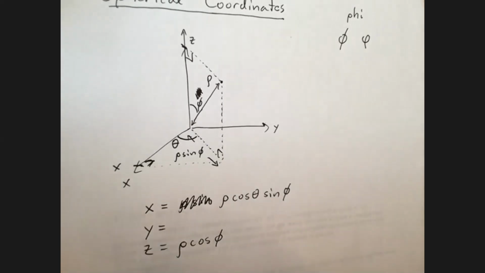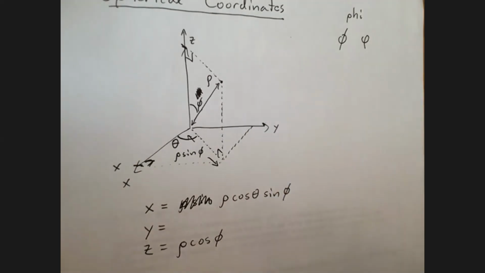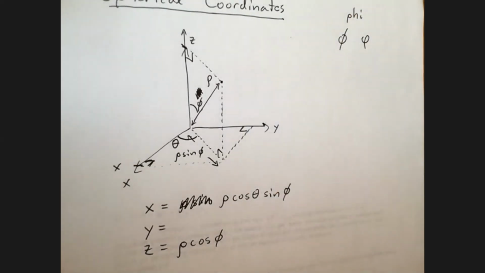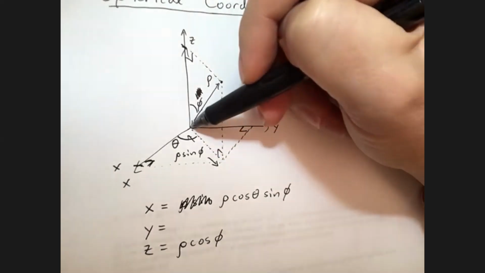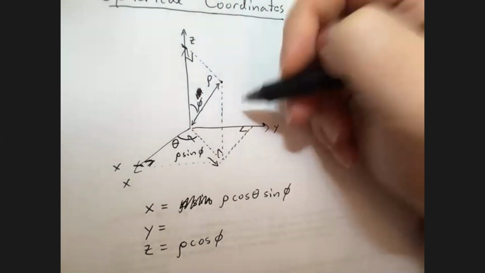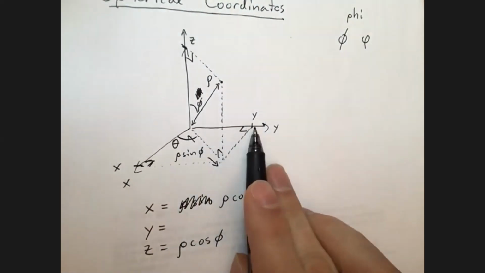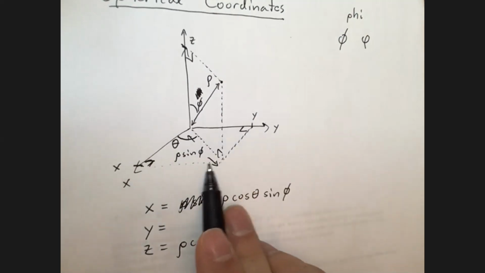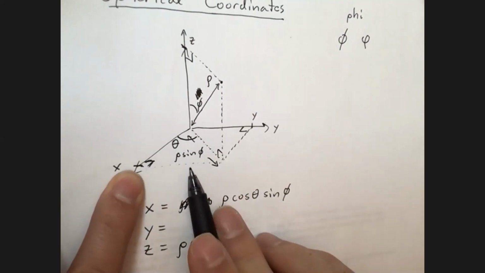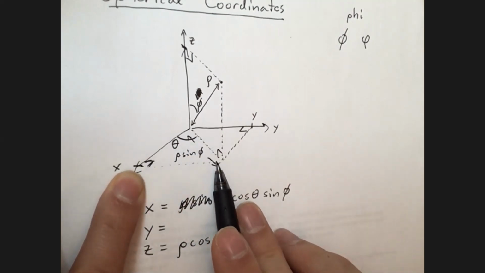What about y? Well, we just do the same thing. To get the y, I project onto the y-axis. Because I'm projecting directly onto it, I get a 90-degree angle here. This is my hypotenuse, right? And I'm trying to find the length of this side. I'm trying to find what this value is. Well, the length of this is the same as the length of this. So let's just look at this triangle. My hypotenuse is rho sine phi.